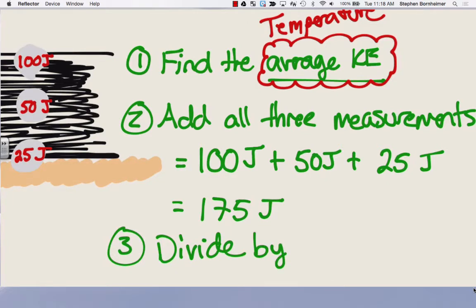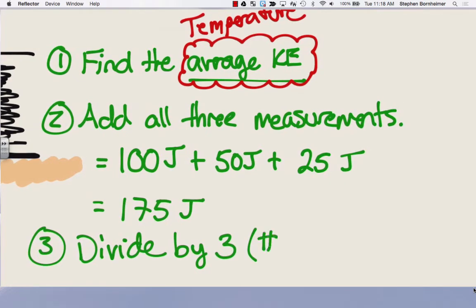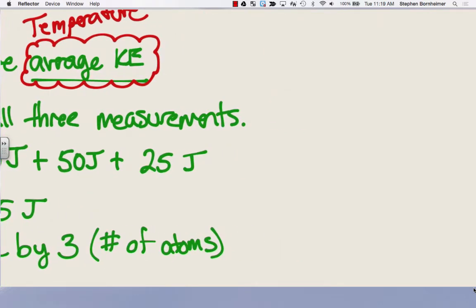In this case, we're going to divide by 3, because that's how many atoms we have. I'm going to make a little note here. It's the number of atoms. So this is going to be equal to, and I'm going to zoom out a little bit so you guys can see the bigger picture here.